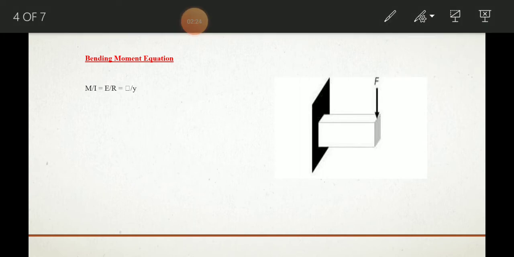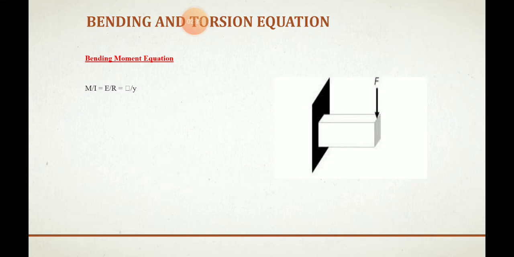Next, M by I equals E by R equals sigma by Y is the bending moment equation, where M is the moment. What is the unit of moment? Can you guess? It's Newton mm. I is the moment of inertia in mm raised to 4.